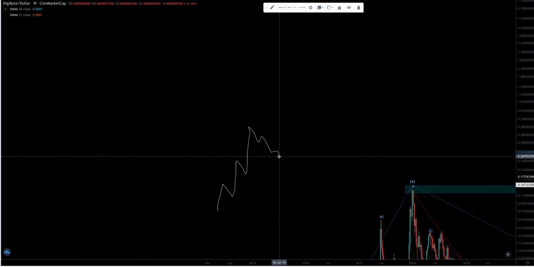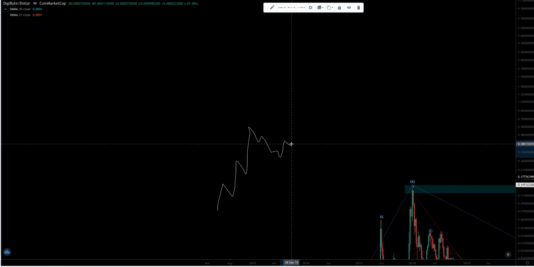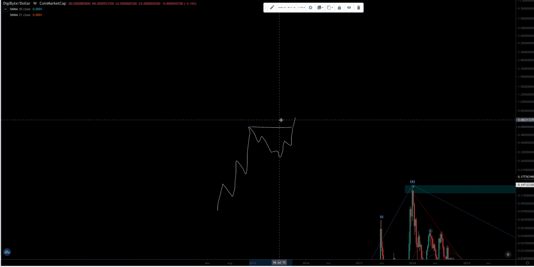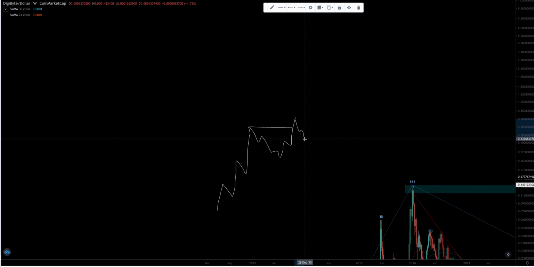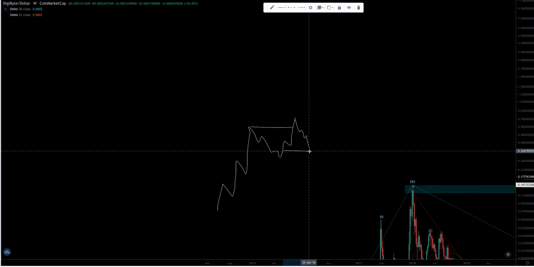You sweep that psychological support. And because you sweep that psychological support, you have a short squeeze. So you have another 3-wave move up, taking out this A wave high. And then you have a 5-wave move to the downside all the way down to the 78.6% fib.